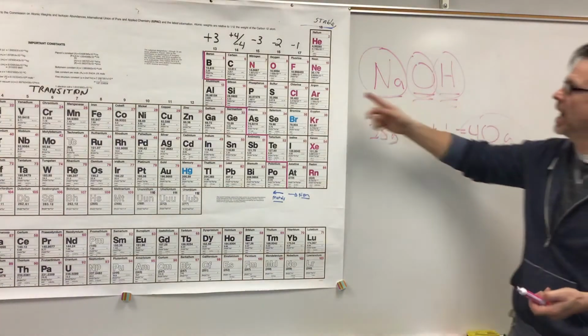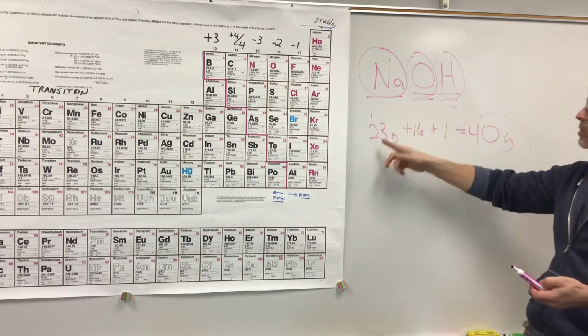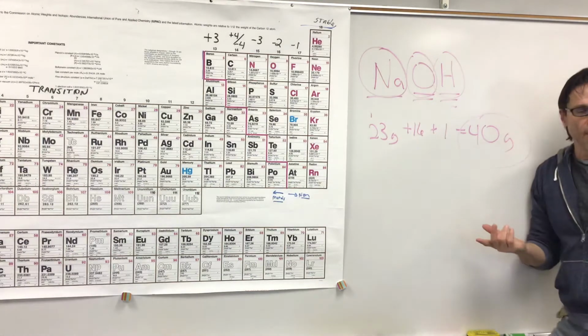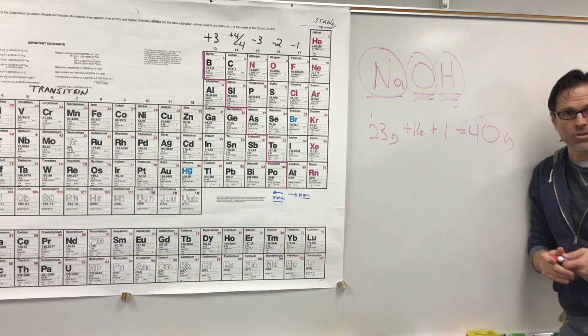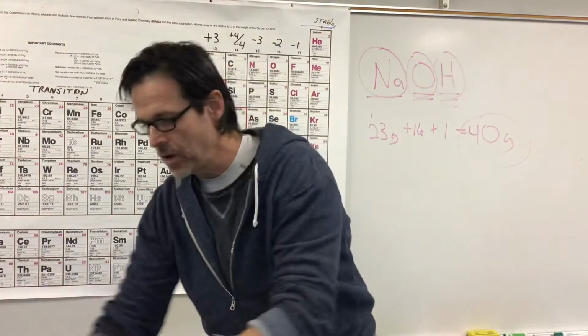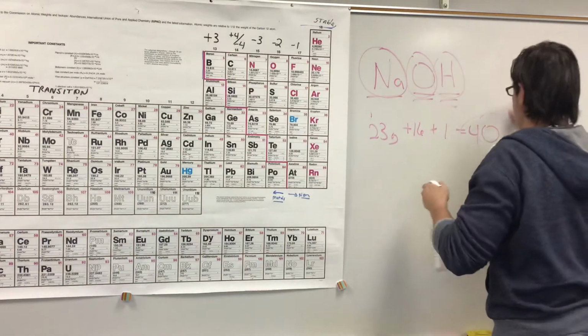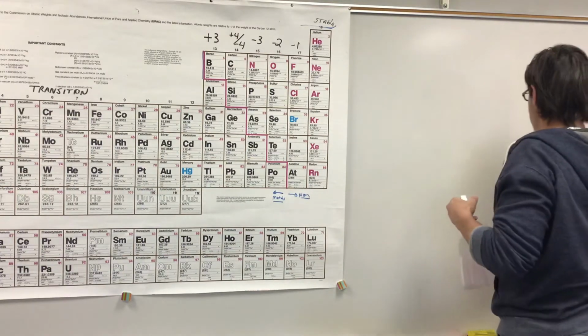Oxygen was 16, hydrogen was 1, sodium was 23, added up comes to a mass of 40 grams. That's the first one on the worksheet, and then you've got 5 more like that. The other problems on there are just what we were talking about, where you convert either mass to moles or moles to mass.